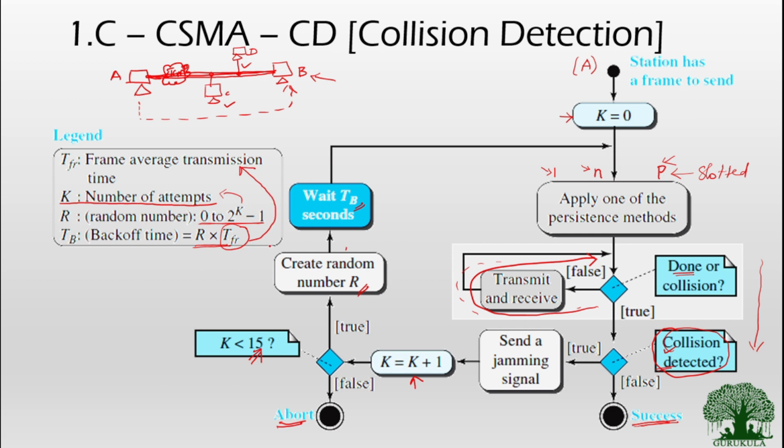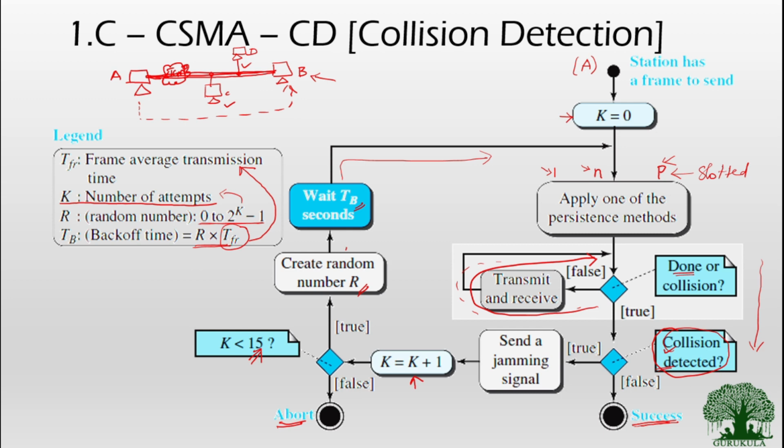R times T_FR gives the total amount of time that the system has to back off or wait. Once this period is over, it has to reinitiate the entire process again. So this is how the entire CSMA/CD algorithm works.